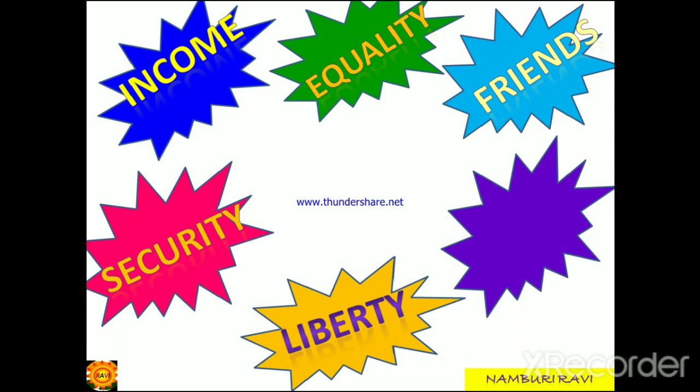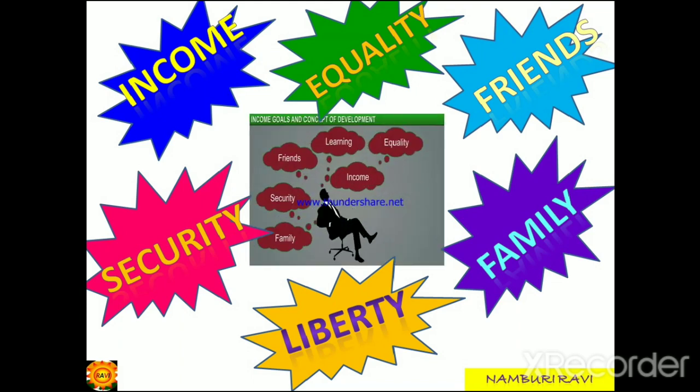And also one more thing, the family members. So income is one important factor, but equality, friends, security, liberty and family members are also essential parts of human life.